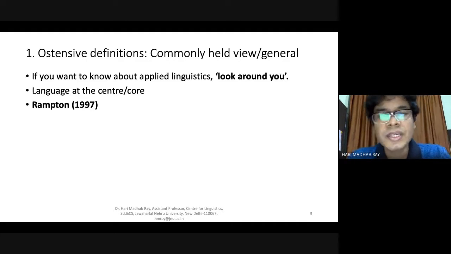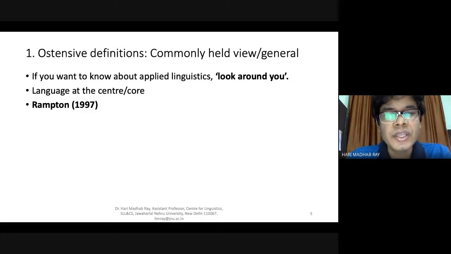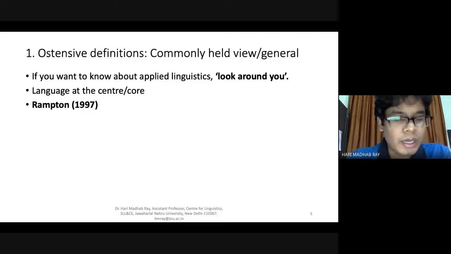Wherever you see, language is everywhere, ubiquitous in nature. Whichever issues you are talking about, political issues, educational issues, policy matters, language policy, language endangerment, there are many other things.